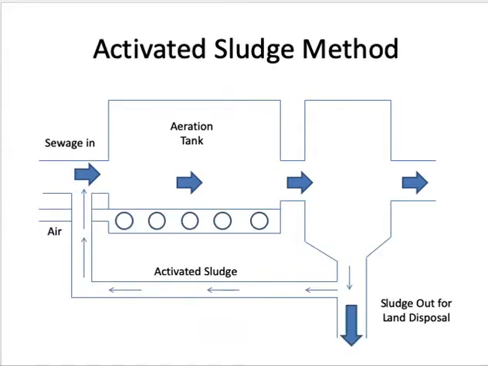Sa secondary sewage system naman, medyo complex ang process na to. If you have this sewage waste material, it enters what we call the aeration tank. Sa aeration tank may tinatawag na activated sludge. In this step, the wastewater receives most of its treatment through biological degradation.